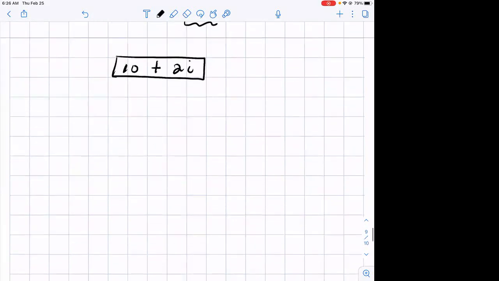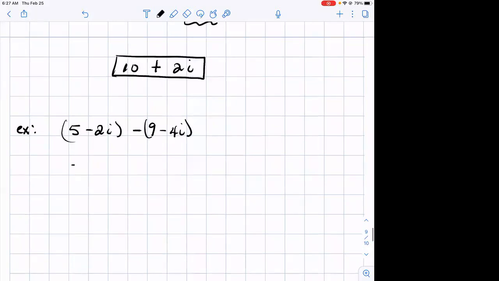If you look at another example, how about if I have 5 minus 2i minus 9 minus 4i. Okay. So as I said, think of this as polynomials, right? So if you want to get rid of the parentheses, this becomes 5 minus 2i minus 9 plus 4i, right, when you distribute.